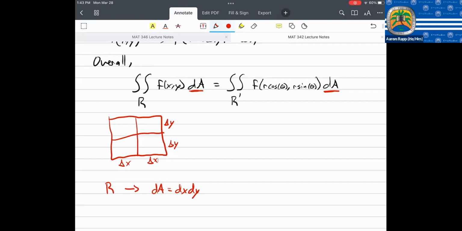I'm no longer talking about a rectangular region where there's a set length in x and a set length in y. I'm now working with polar rectangles, so let me draw it and then explain that.